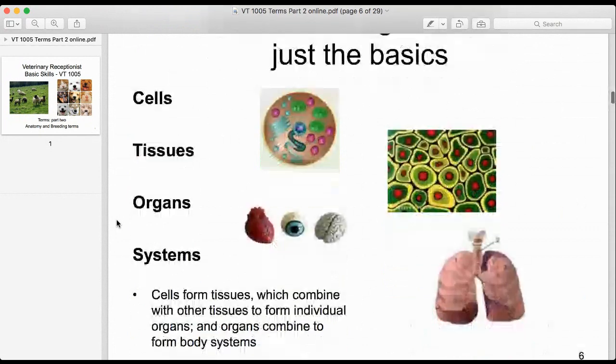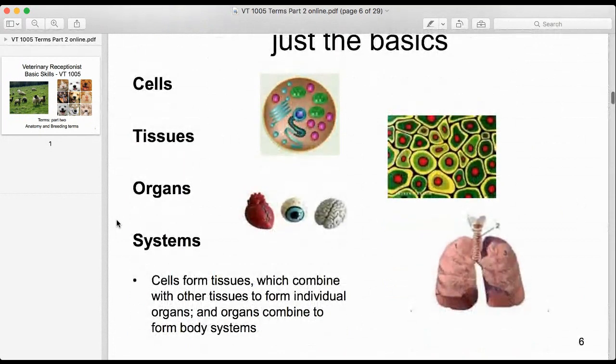We have cells, and as the bottom words here on this slide say, cells come together and form tissues. And then tissues can combine with other tissues to form individual organs, such as your heart and your eyes and your brain.